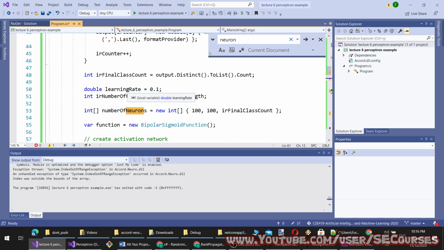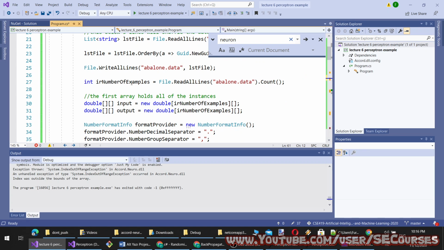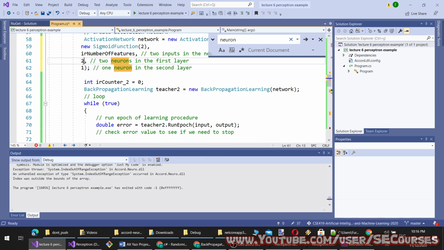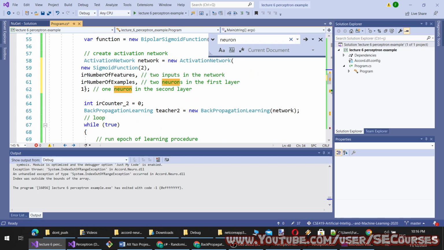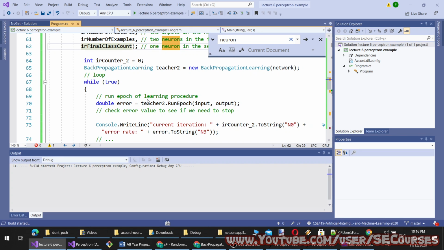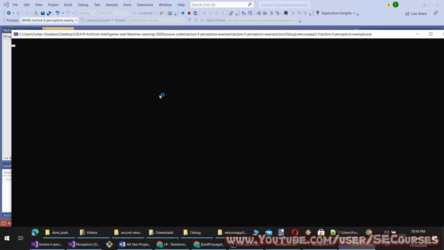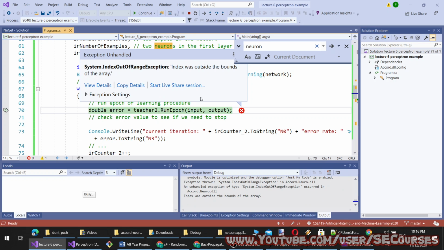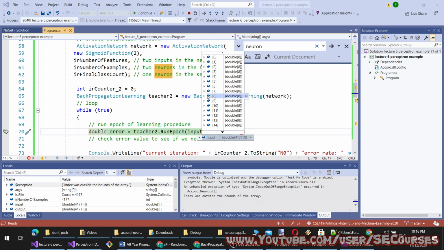First layer, I'm going to set the first layer as the number of examples. And I'm going to set the output like this. Okay, this should work. Let's see it. Okay, why are we still getting error?